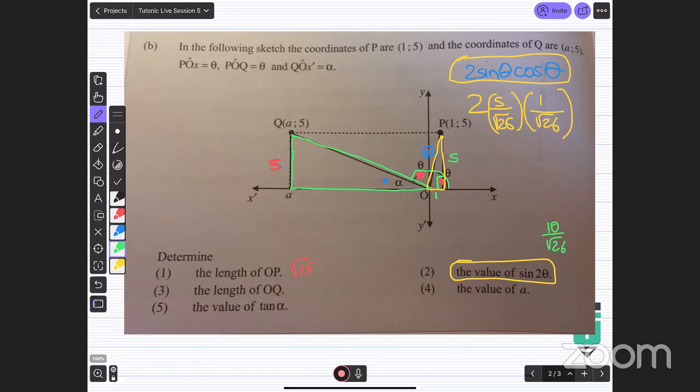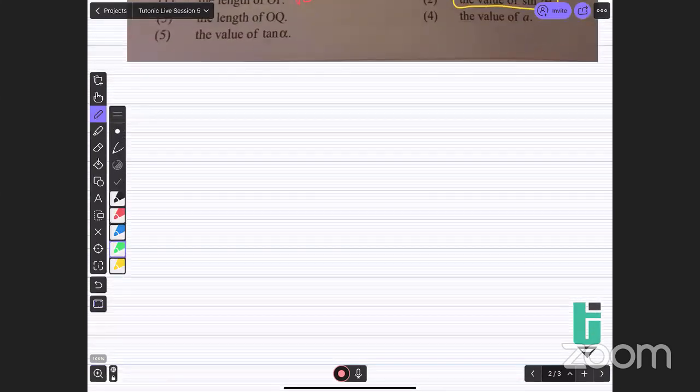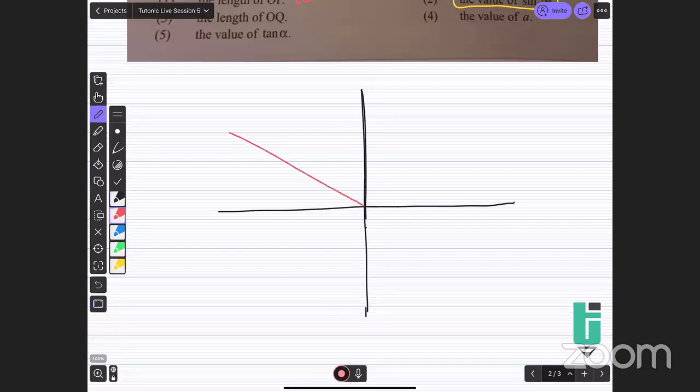The length of OQ. Ilyaas, could you just explain how you went to the green triangle? We actually have to use the green triangle for this question. Let me make it easier for you guys. When you've got a Cartesian plane and you have an angle there, the angle is actually obtuse.